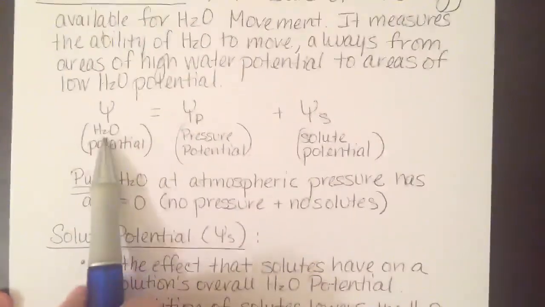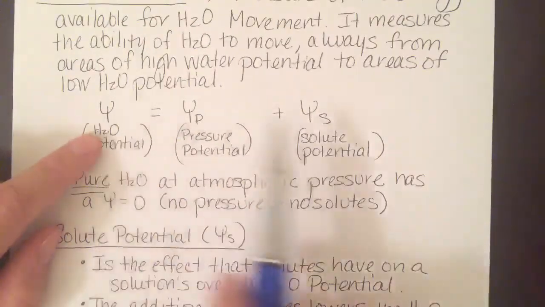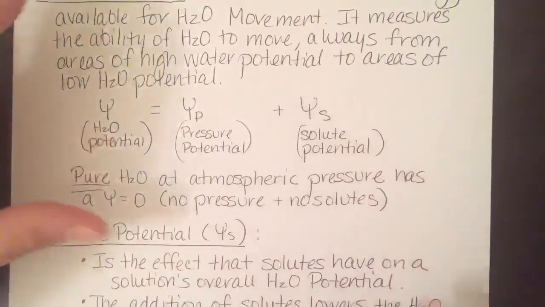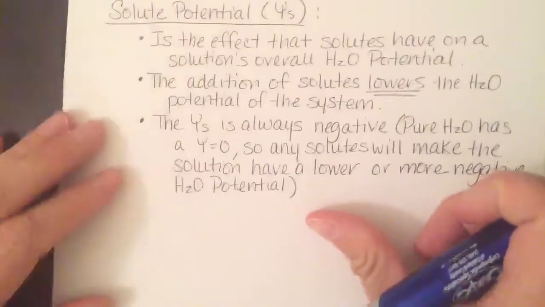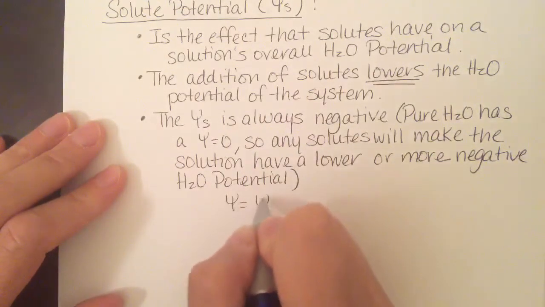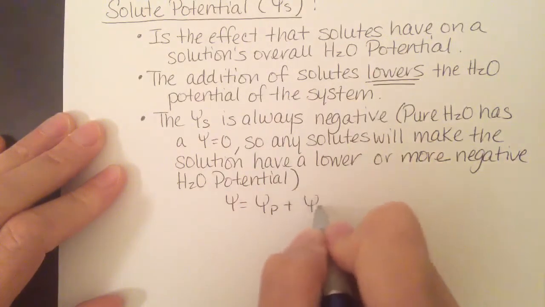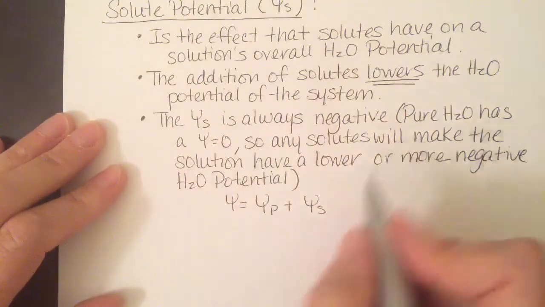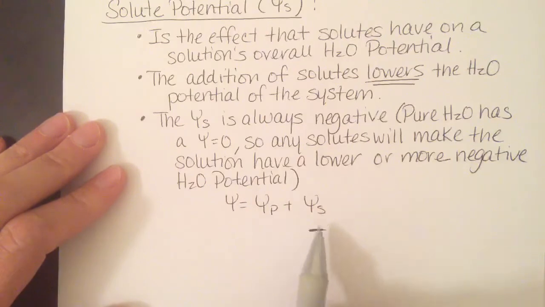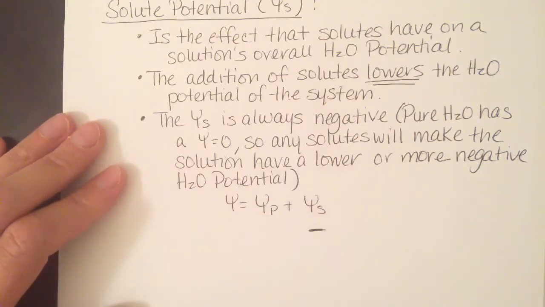Because we're starting out here, pure water has 0, so if you add solutes, that's going to lower that, and therefore be a negative number. So when we look at that equation, water potential is pressure potential plus solute potential. The solute potential is always going to be a negative number, which will always lower the potential of water to move.